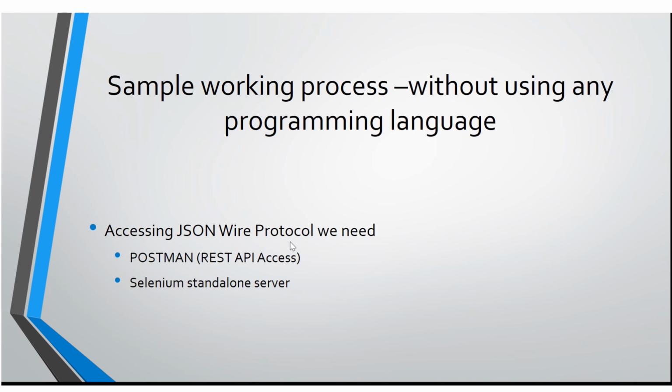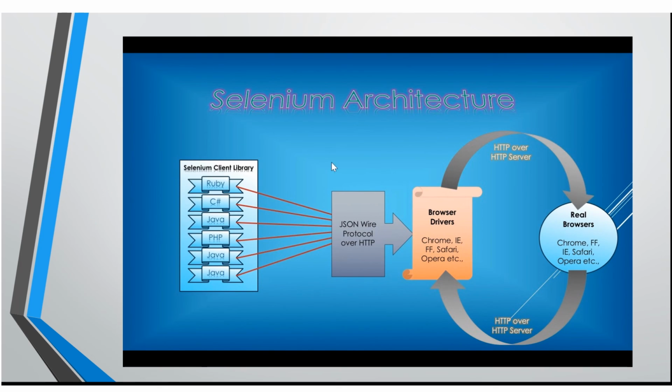And for your reference, I am giving another sample. We are using the JSON Wire Protocol with the help of the Chrome browser. We are automating the real browser by way of HTTP request and HTTP response.